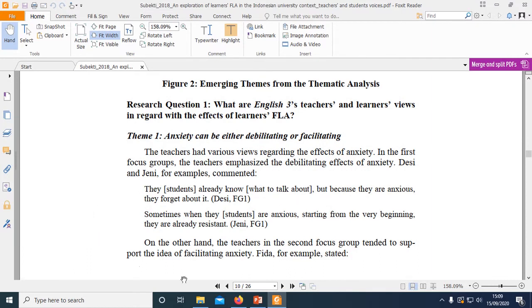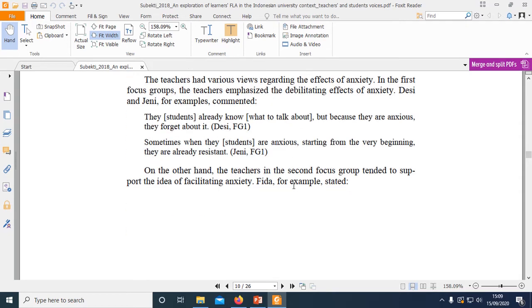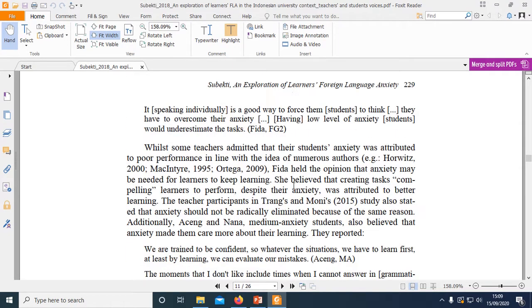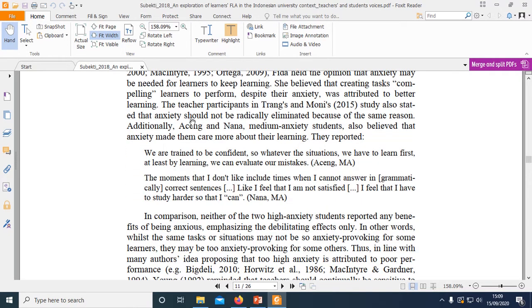Here it relies on participants' excerpts, what the participants say about a phenomenon. On the next pages, we see more excerpts. This is one of the characteristics of qualitative methods.